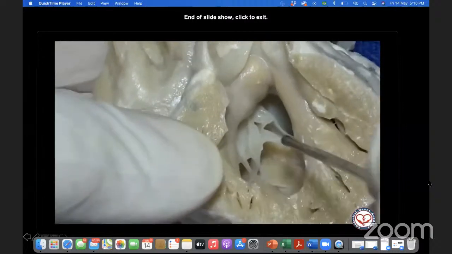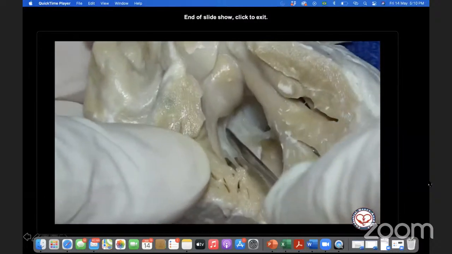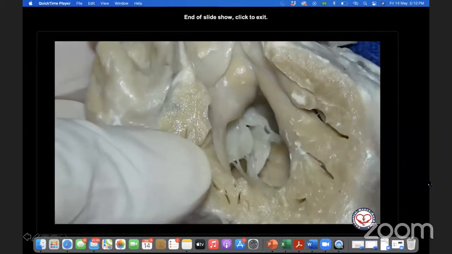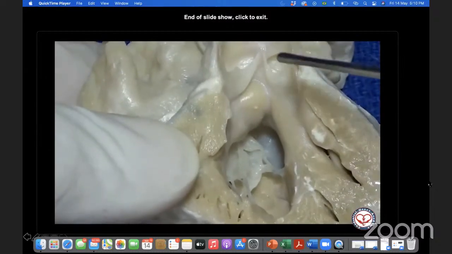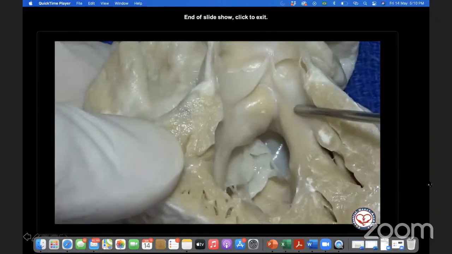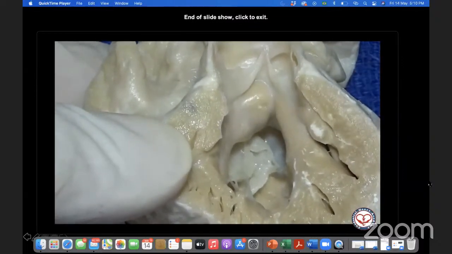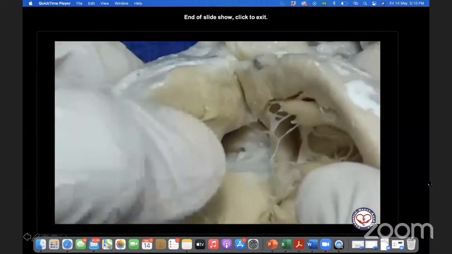The posterior inferior border of the defect has fibrous continuity between the tricuspid and the mitral valves. You'll also note that there is some degree of hypoplasia of the subaortic muscular infundibulum, and it is actually deviated posteriorly. So there is septal malalignment in this case.